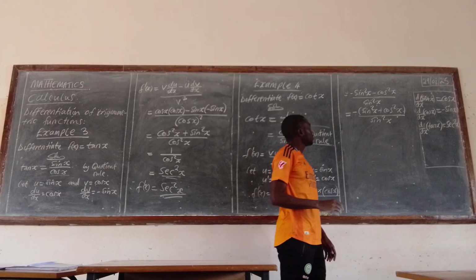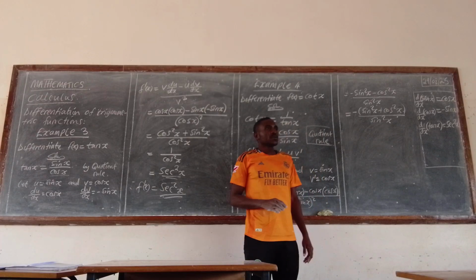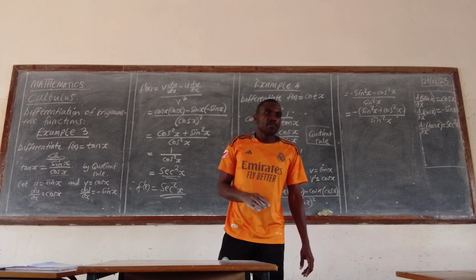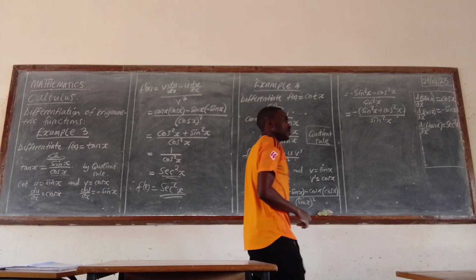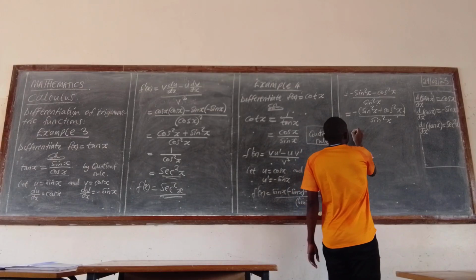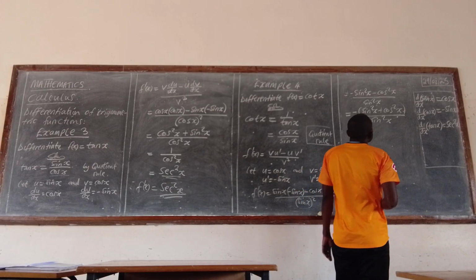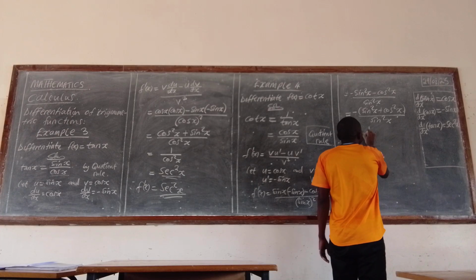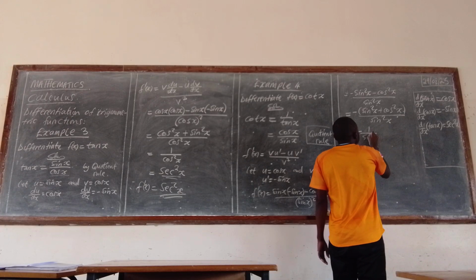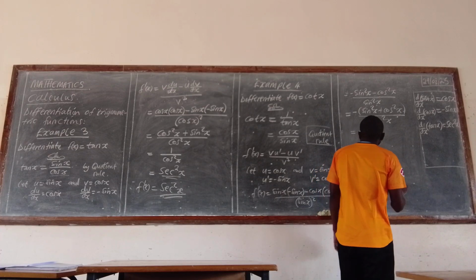Remember, we have the identity. Sin squared x plus cos squared x is just the same as 1. So we are going to have minus 1 divided by sin squared x.